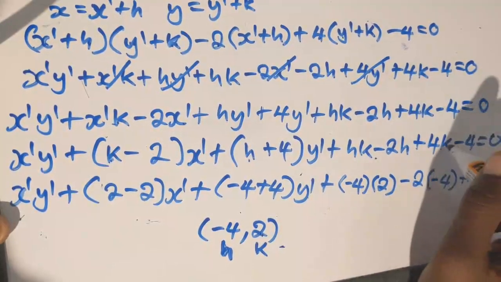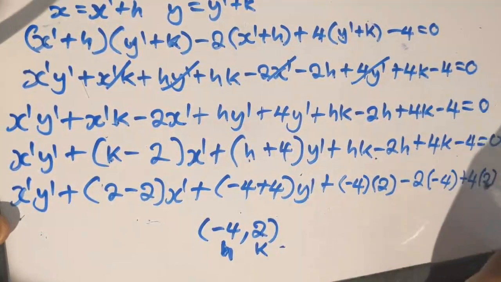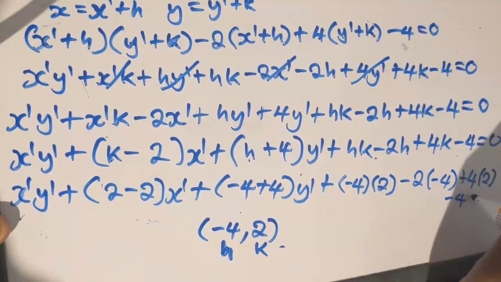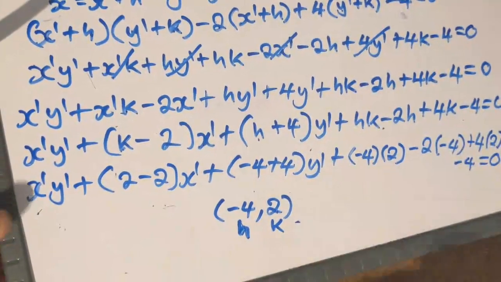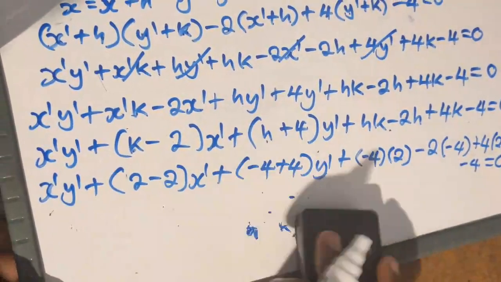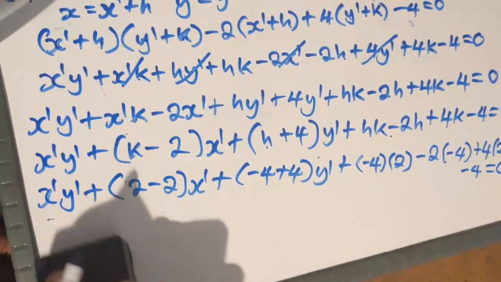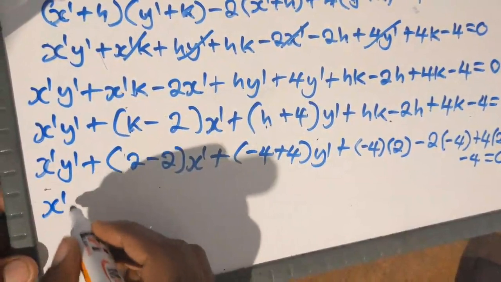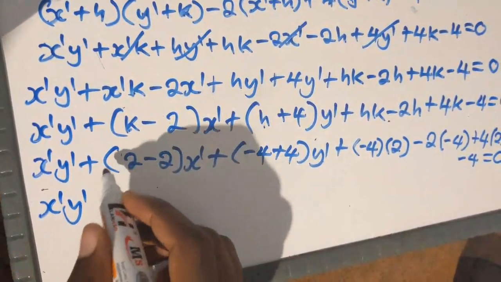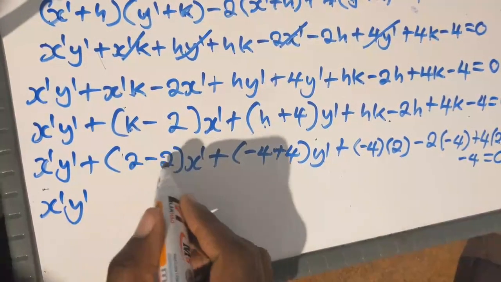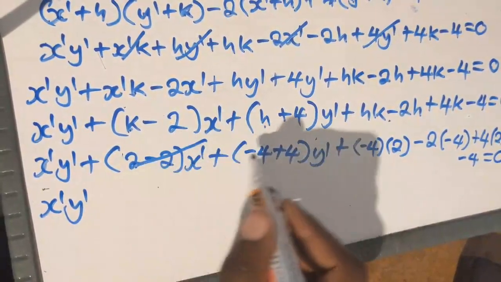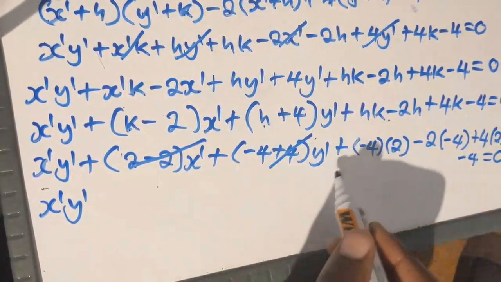Okay, then this is negative 4, so I'll just put it here, negative 4, then equal to 0 for the sake of space that side, so that you'll be able to see. So we are going to say x prime, y prime, then here this is 2 minus 2, that is 0. 0 times that, it is 0, so this is cancelled. Even here it is cancelled.